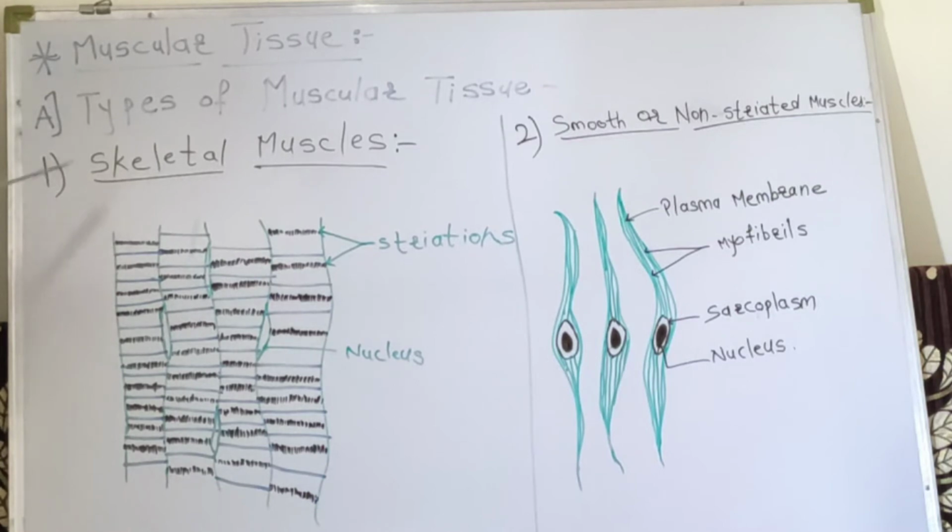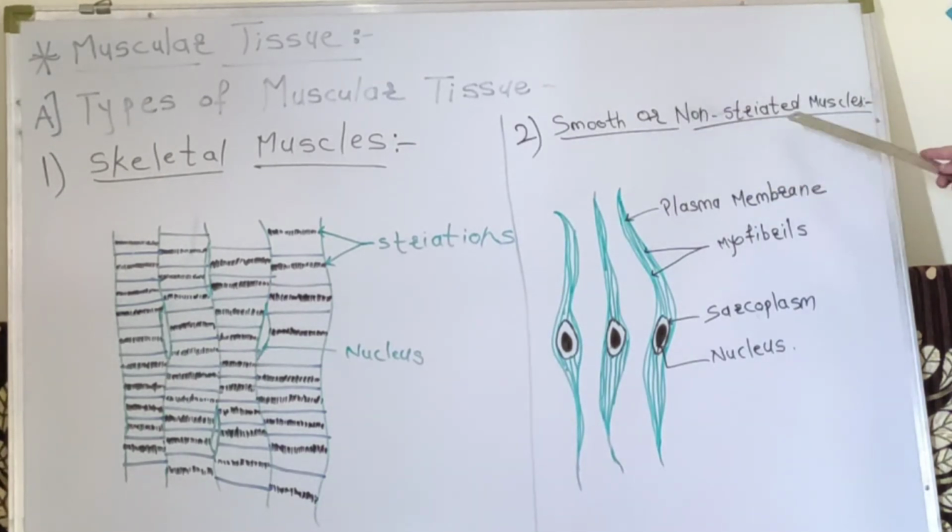This skeletal muscle has various functions. It shows quick and strong contractions, and it also brings about very instant movements. So it is called a skeletal muscle.